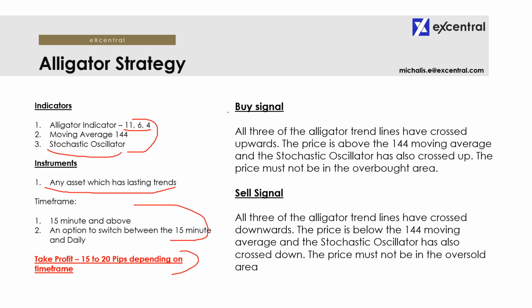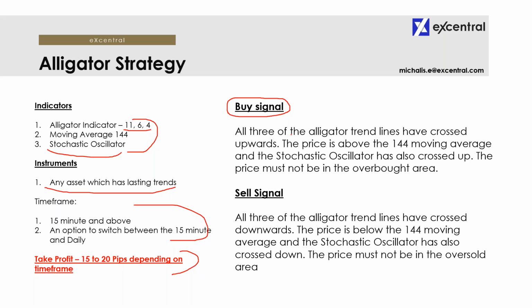Let's look at buy signals. Now, this may not make much sense, but it definitely will on the next slide, because on the next slide, we'll actually look at this on the actual chart itself. So all three of the alligator trend lines have crossed upwards. This is what we need to see if we're going to get an upward trend.